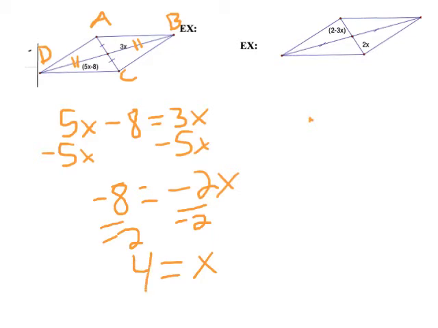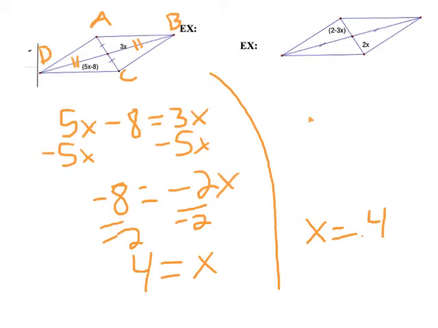This next one, you should pause and try for yourself, and then I'm going to give you the answer. You're going to have to show your work to get credit for your notes on this one. So pause it now. Good. Hopefully you paused it and tried that example. Now I'm going to give you the answer. You should have gotten x equals 0.4.